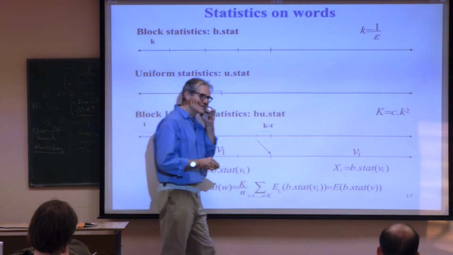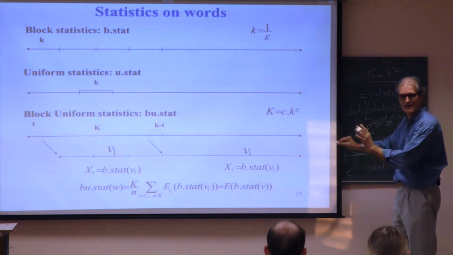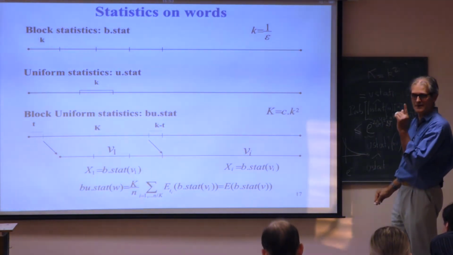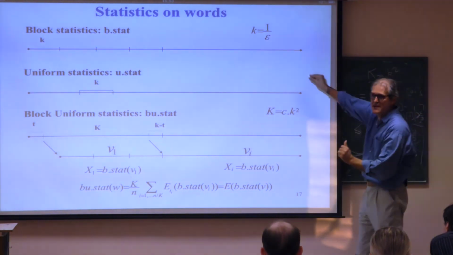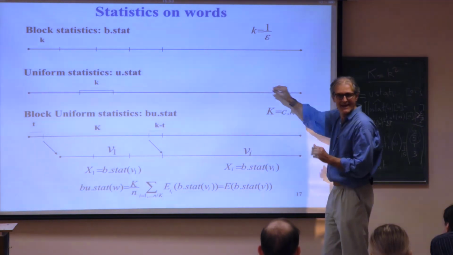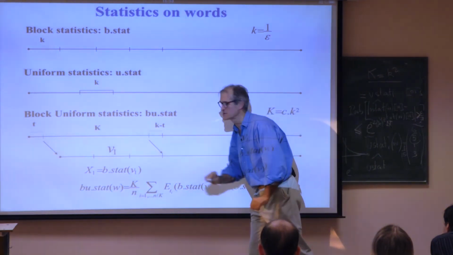Okay, so here you start, and you need this, right? Because otherwise it's going to be tough. All right, so 3 statistics: the block, the uniform statistics, and the statistics in between, where we shifted a big block.